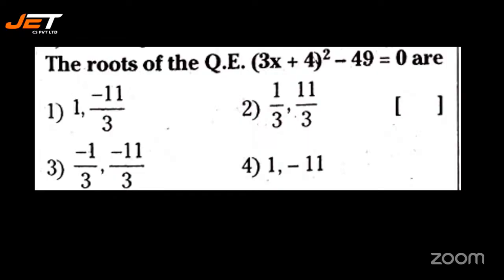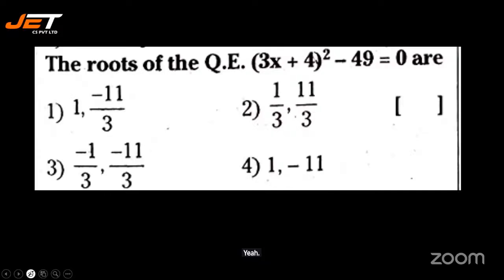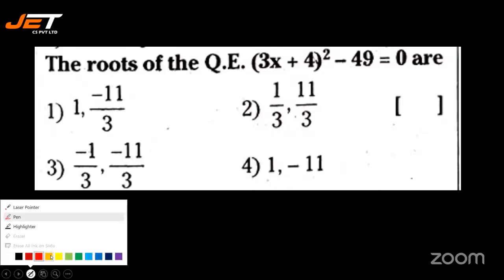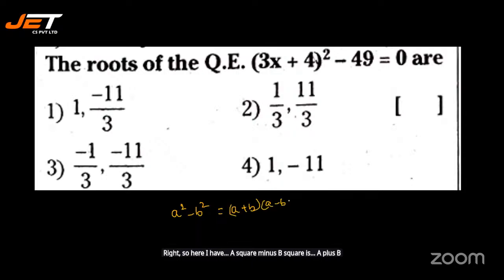Just 1 second, I'll do the sum and show you. Right. So here I have a square minus b square is a plus b into a minus b.